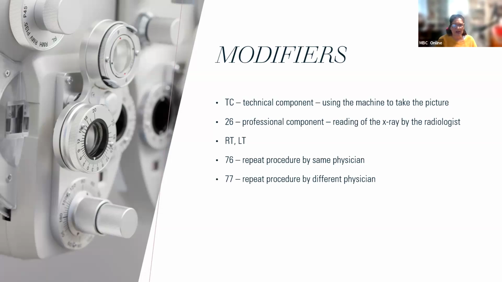But professional component would be if the x-ray was taken outside the office, like at the MRI place, and then the physician read the MRI results, the physician would put 26 on theirs, if that makes sense. I hope I didn't get my words all twisted. But yes, professional component is only the reading of the test. TC is only using the machine to take it.